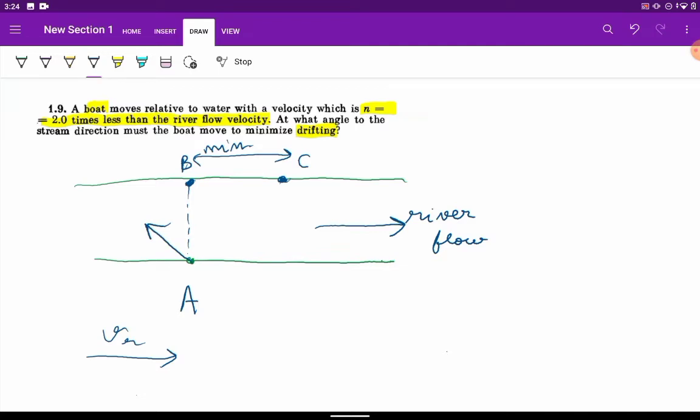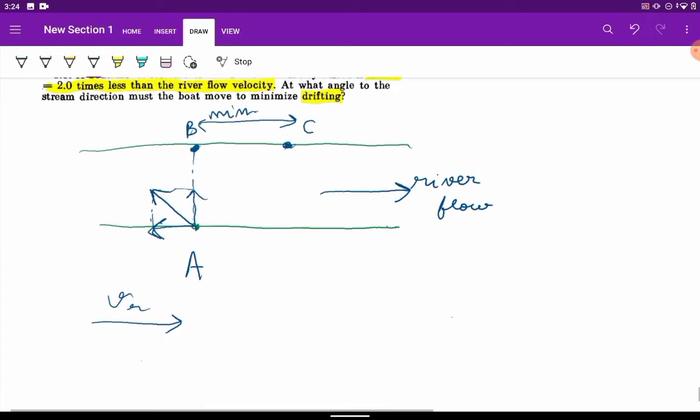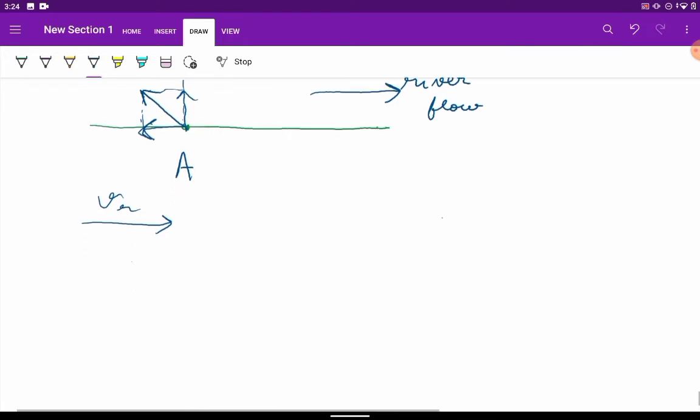as well as a component that is towards, from A to B, so that it can reach the other side of the bank, which is this. All right, now I'm just drawing it here. This is, let's say, VB.